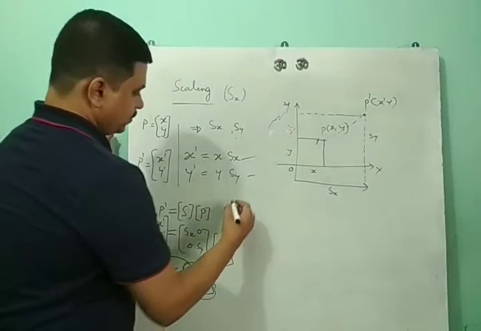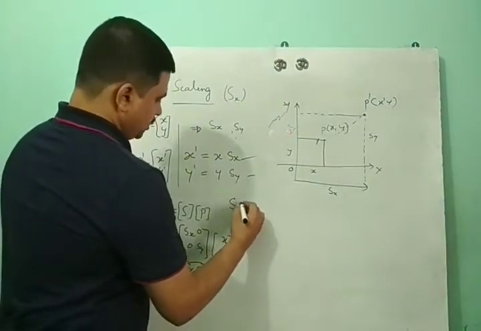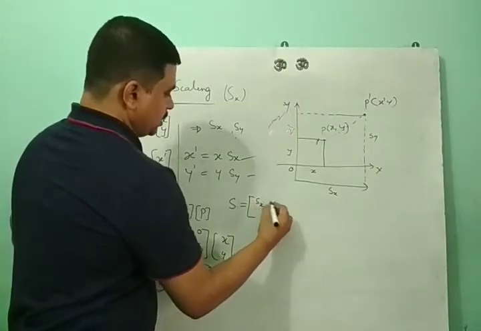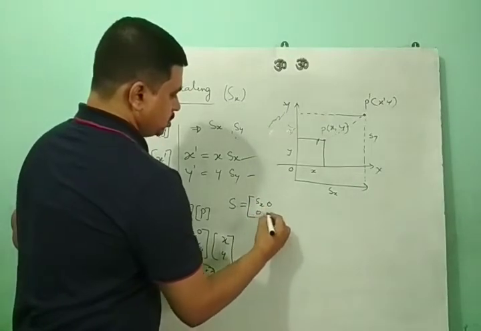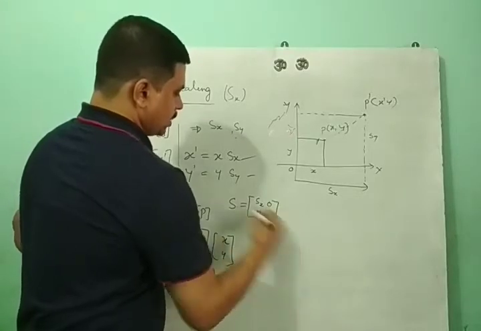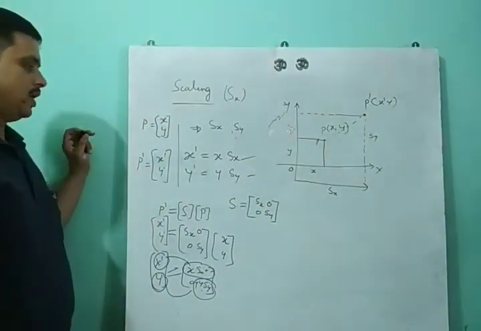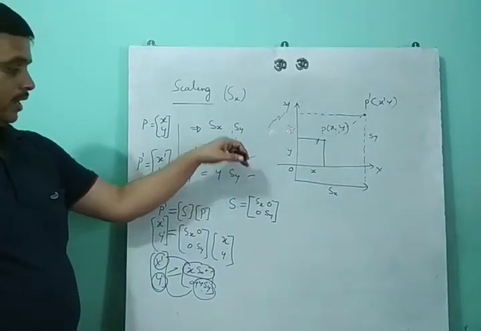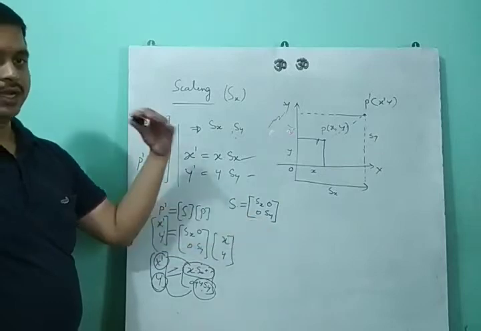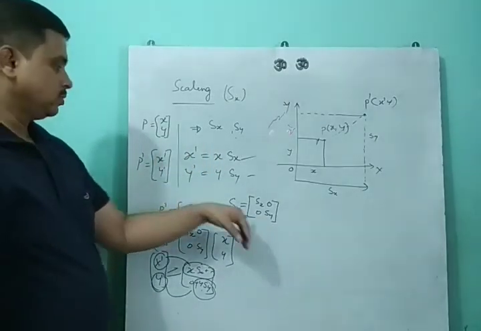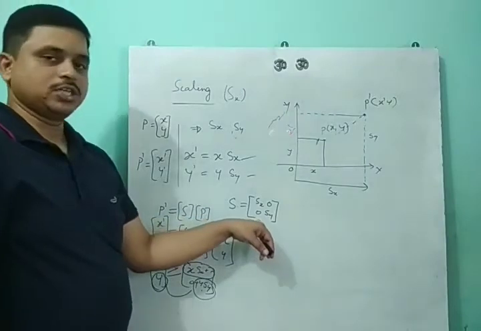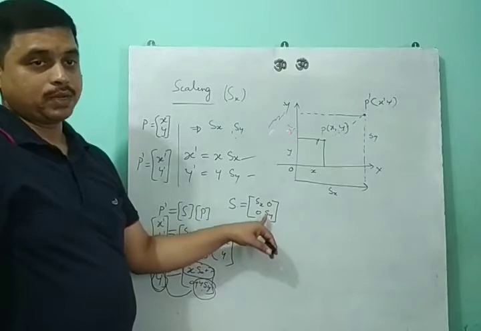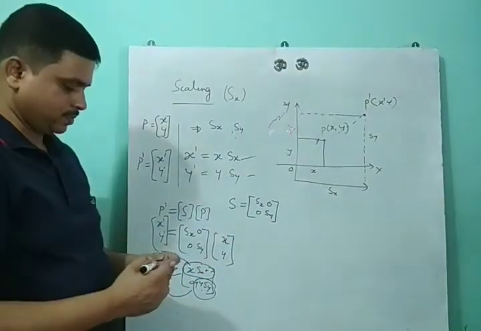So now the transformation matrix for scaling is Sx 0 0 Sy. That means we have to multiply the scaling factor to the initial point vector. In translation, we added the translation matrix. In rotation also we multiplied, and in scaling also we have to multiply the transformation matrix.